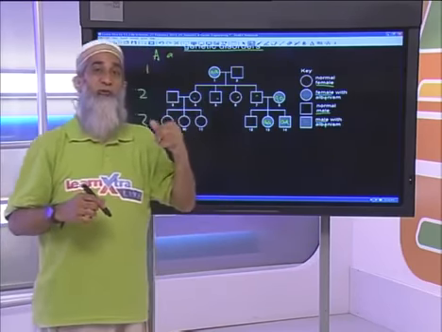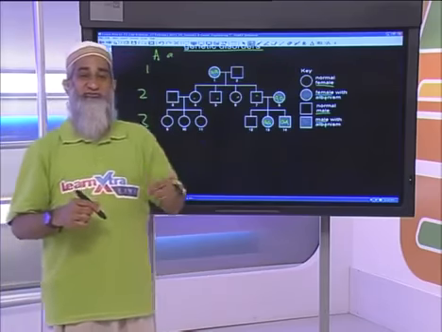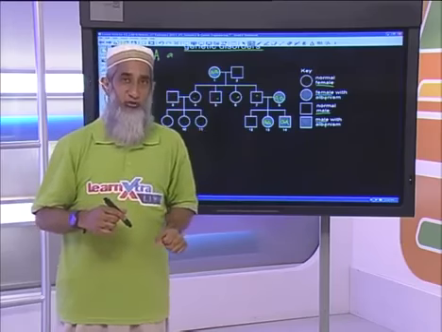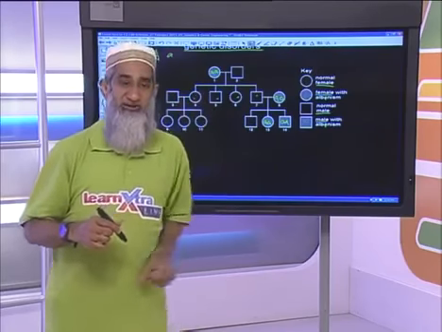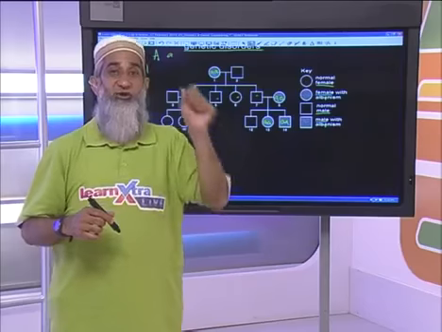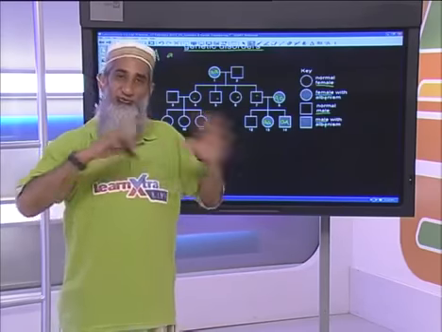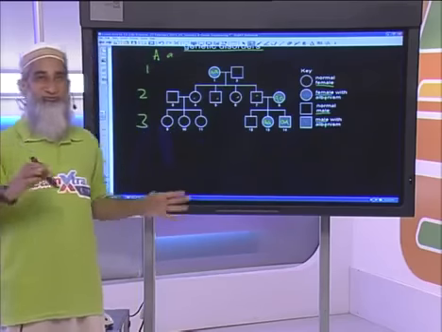Remember last week we spoke about a test cross. A test cross is used to determine whether an organism showing the dominant characteristic is homozygous or heterozygous. For a recessive characteristic, we don't have to do a test because it has to be homozygous.